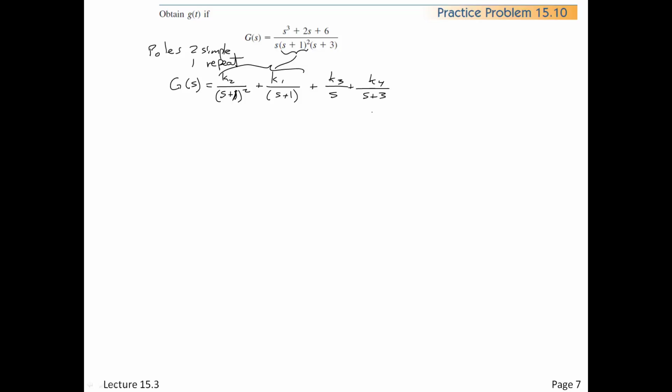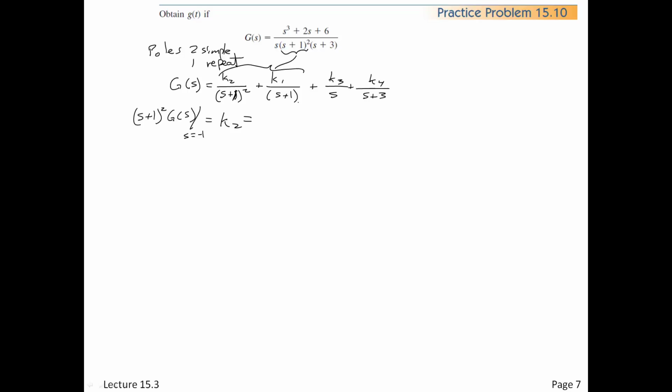All right, so we might as well get the dicey ones out of the way first. We know we've got to do the repeated poles. We have to take the s plus 1 squared times G of s, and then we're going to evaluate that at s equals minus 1. So this will give us k2.